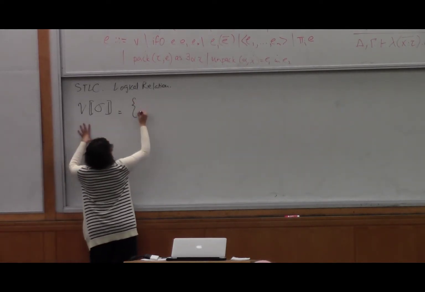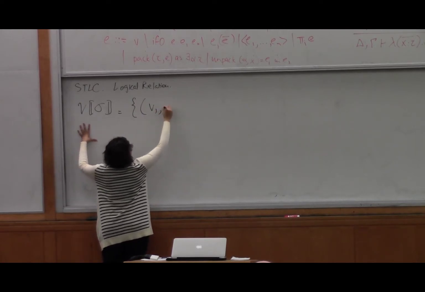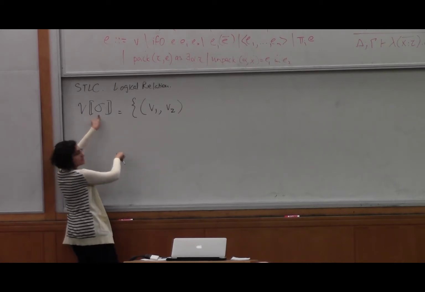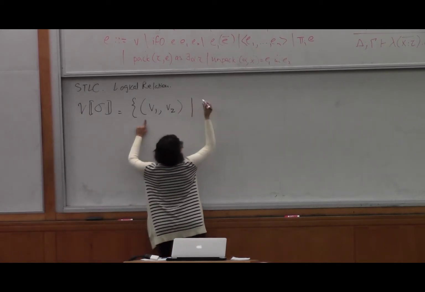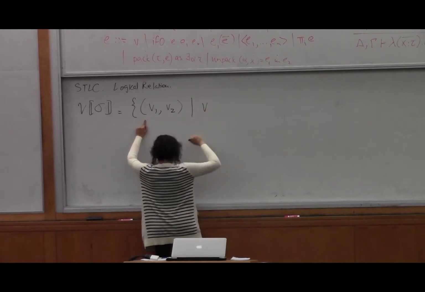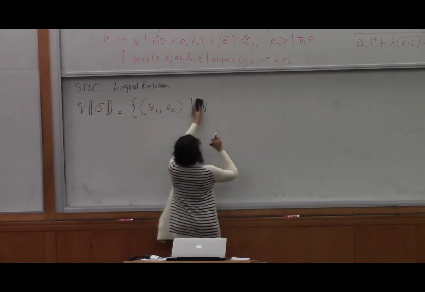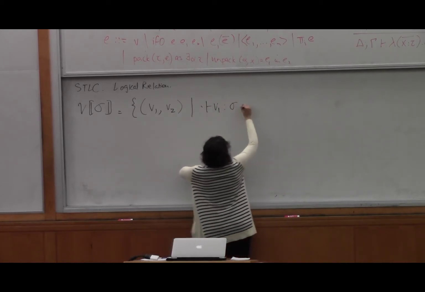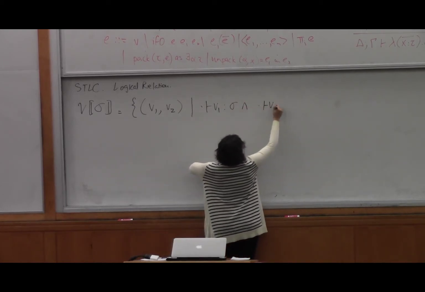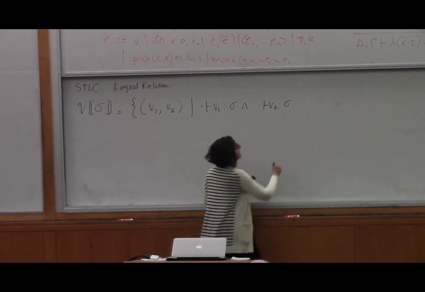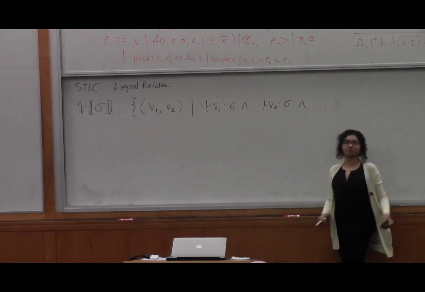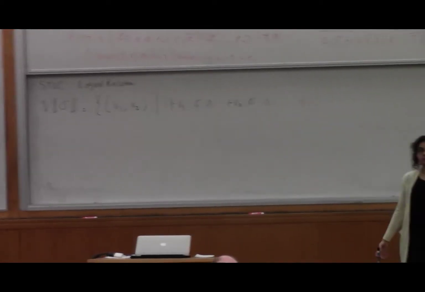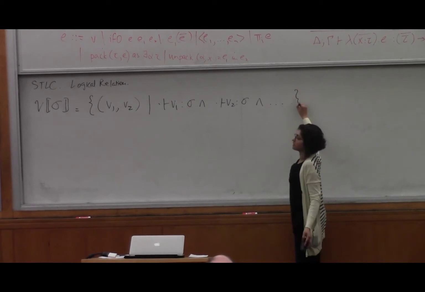I'm going to say that values v1 and v2 belong to the V relation at the type sigma if the invariant I have in mind is that v1 and v2 are closed values of the type sigma, and then I'm going to write some other conditions which help me check whether they are actually equivalent. So this is the shape of the relation that we're going to set up.